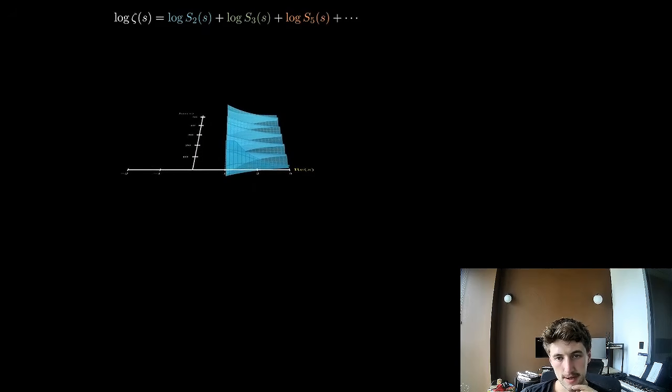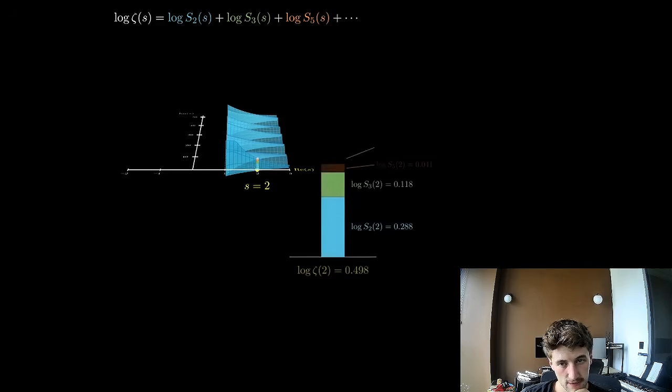So let's take a look at the right part of this shape, to the right of s equals 1. So for example, at s equals 2. If we take a look at s equals 2, the height of it in the z-axis can be represented as a sum of the different prime families. So here you can see that the log of the output of the zeta function at s equals 2 is the same as the log of the output of the prime families at s equals 2.